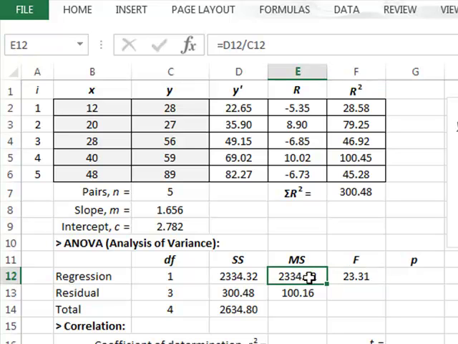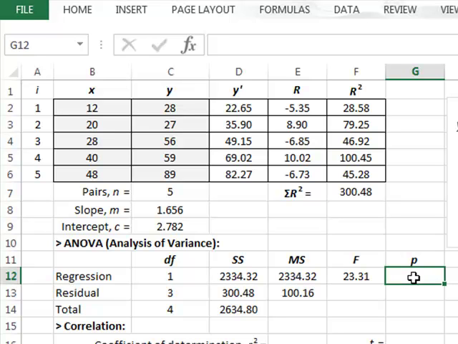If there was no significant slope in this data set, then the mean square regression value would only have a randomly generated value, which would not be significantly greater than the residual mean square value, so the F value would be small. So a large F value indicates a true linear relationship between y and x, and we can calculate the p-value, which gives the probability that an apparently large F value could have occurred by chance.